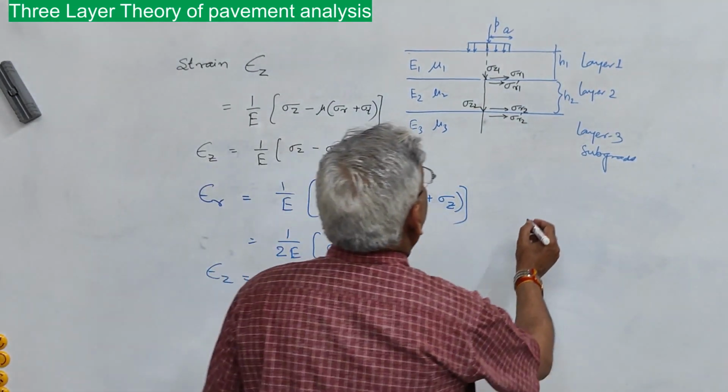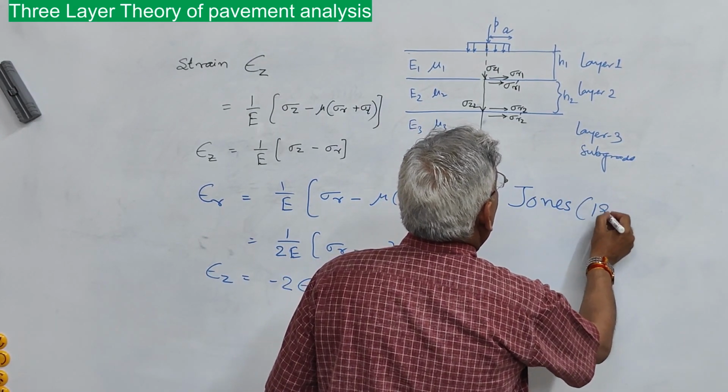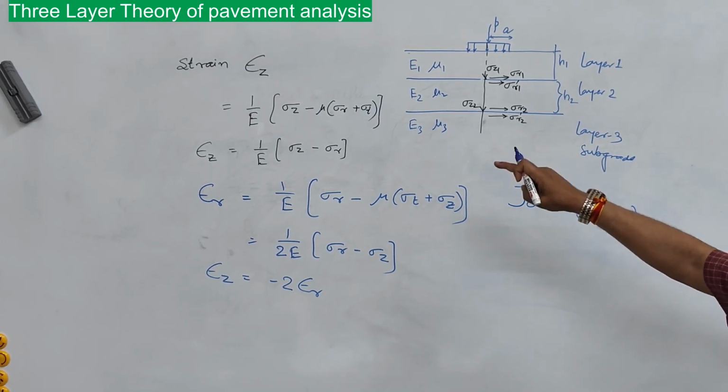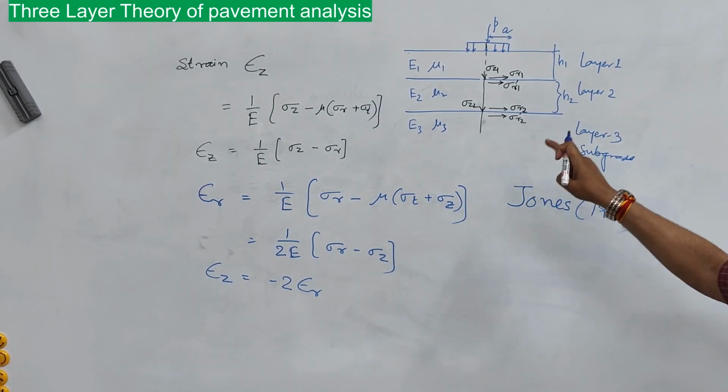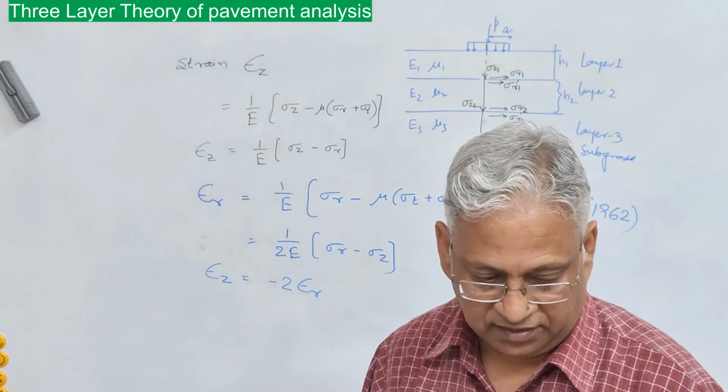Jones in 1962 found that the vertical stress and radial stress in a three-layer system or multi-layer system depend upon four parameters.